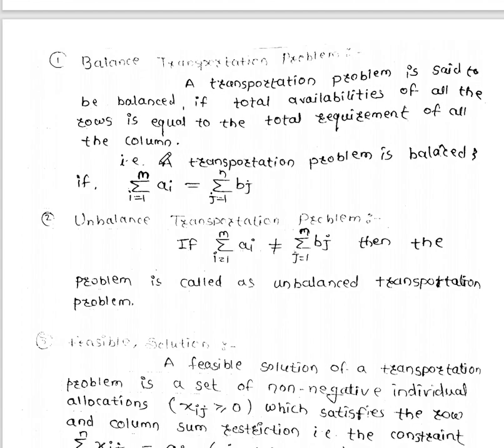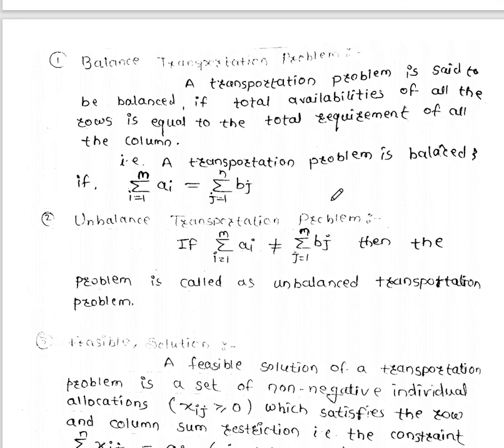Or we can say that it is balanced if summation of ai equals summation of bj. You have to simply remember, if summation of ai equals summation of bj, then we can say that the given problem is a balanced type.